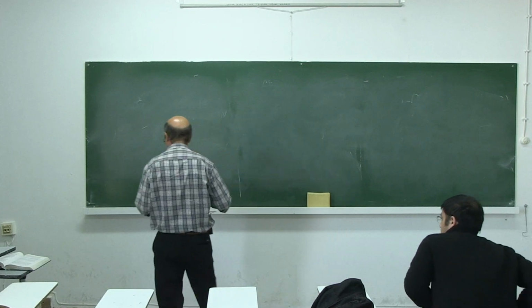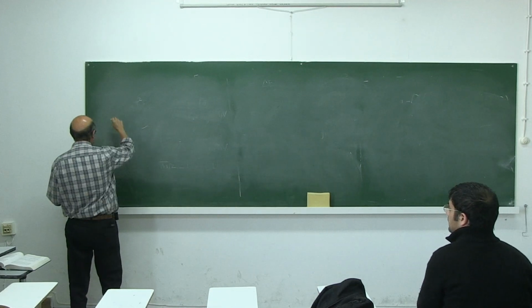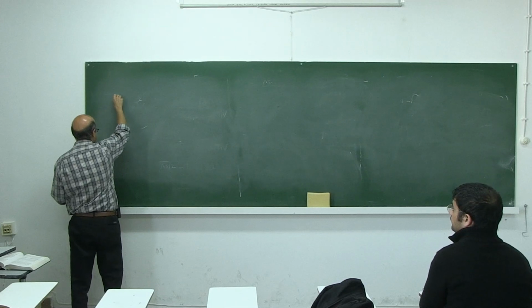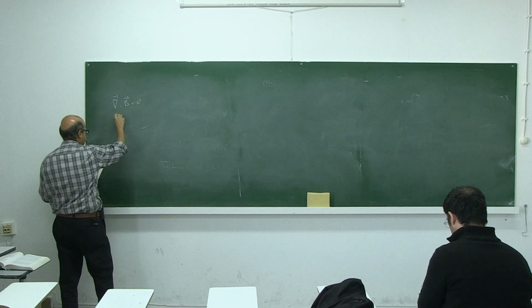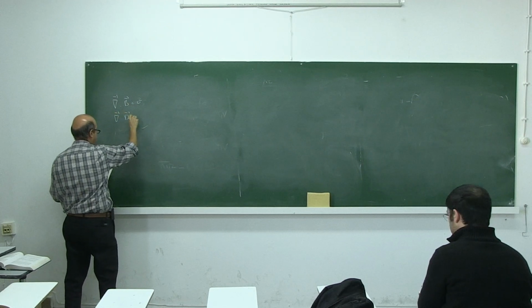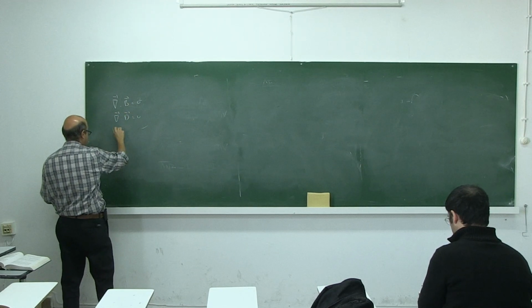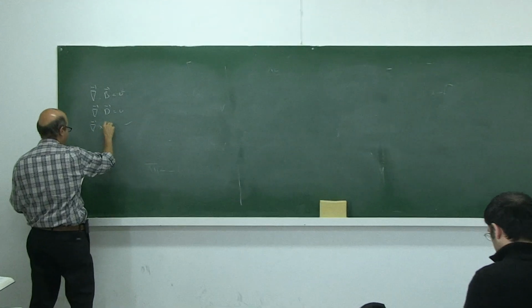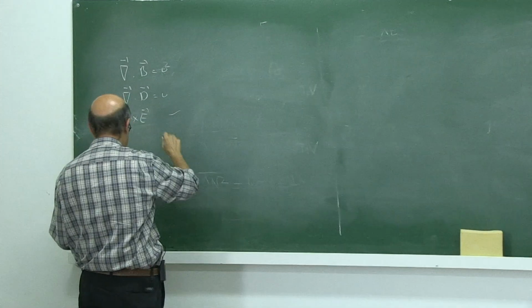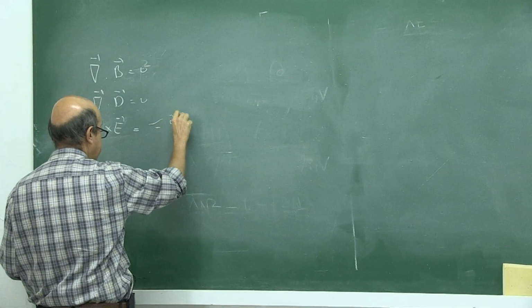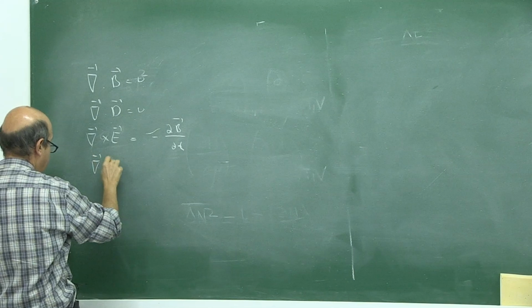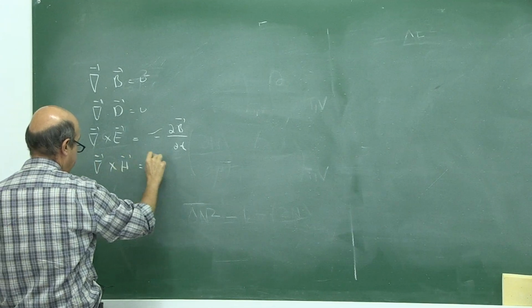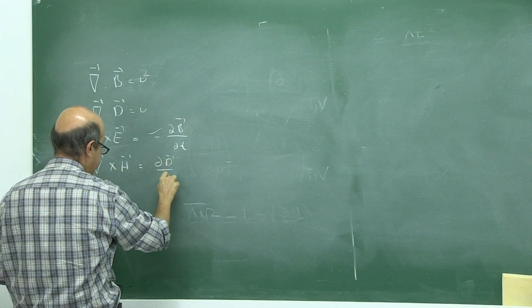So basically we will write again the Maxwell's equations for the free medium. Del dot B is equal to 0, del dot D is 0, and curl of E is minus del B over del t, curl of H is del D over del t.